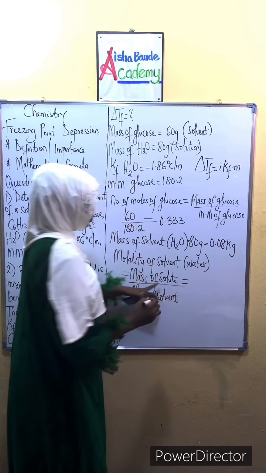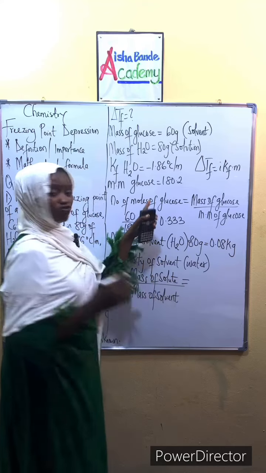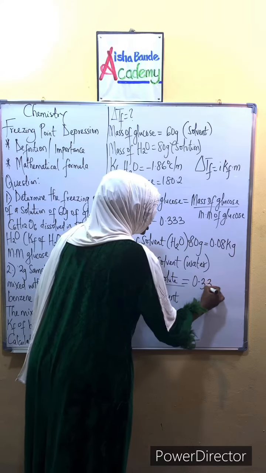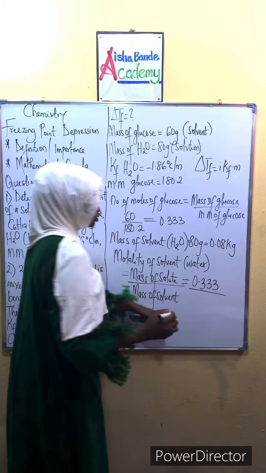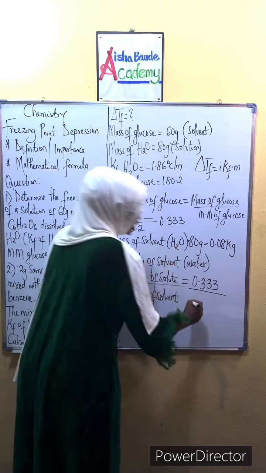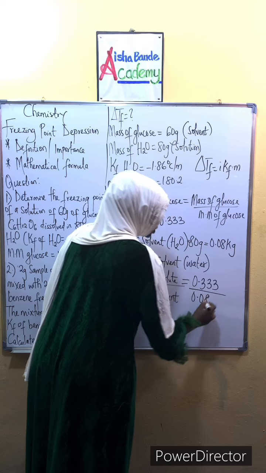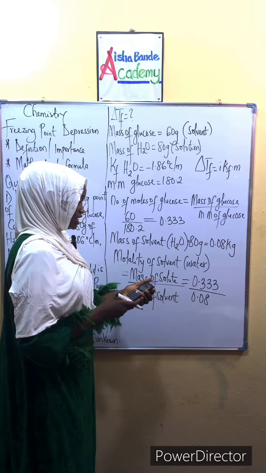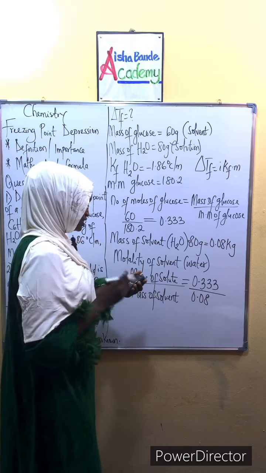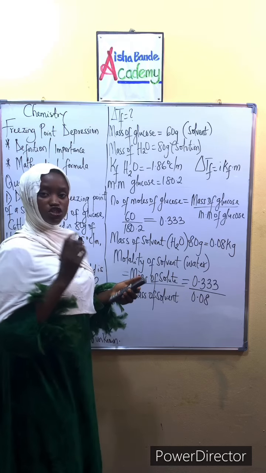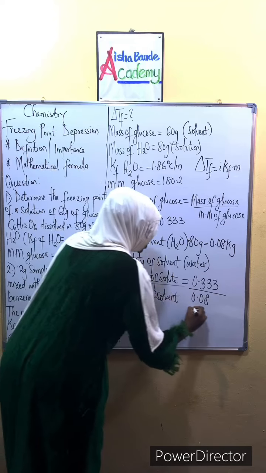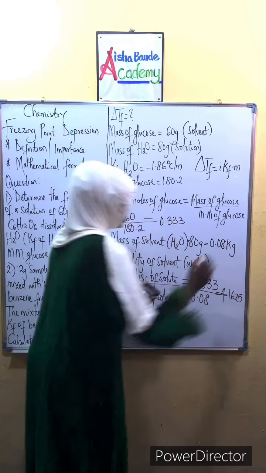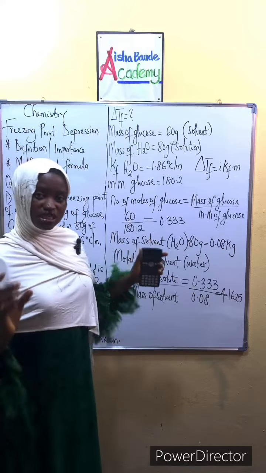We have our solute, which is the number of moles of glucose, which we've calculated to be 0.333, all divided by the mass of the solvent, which we have calculated as 0.08. So from here, all we need to do is punch the calculator, 0.333 divided by 0.08, and this gives a value of 4.1625.